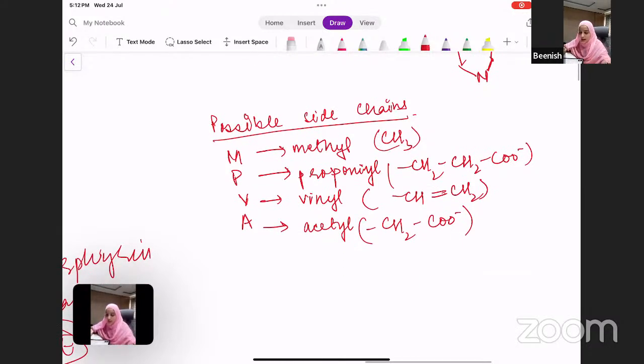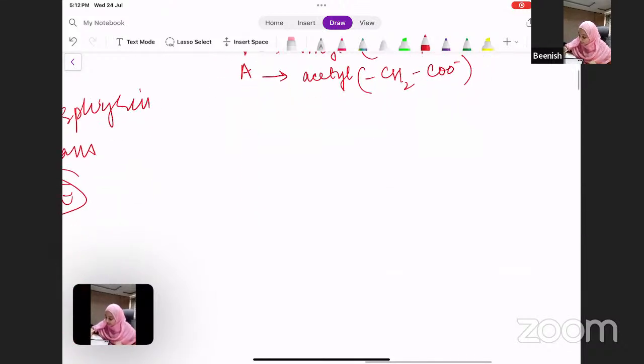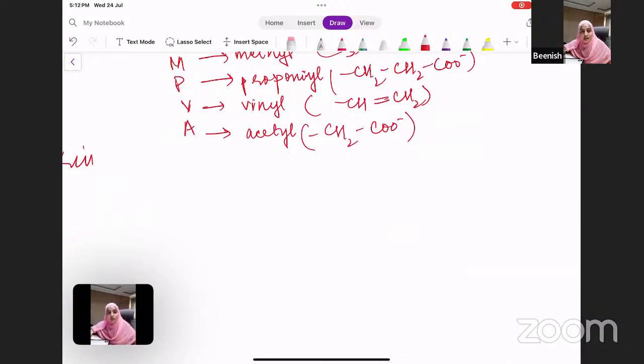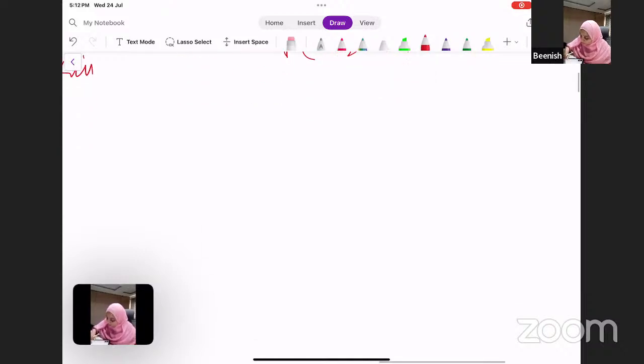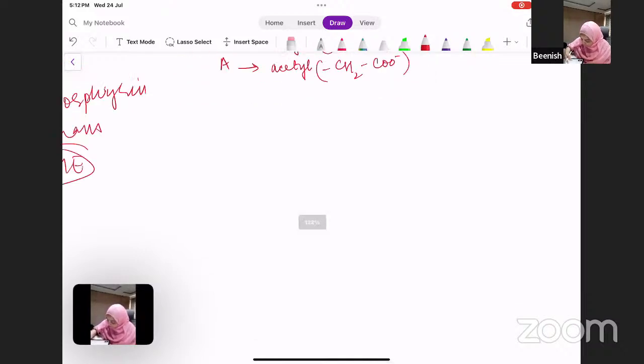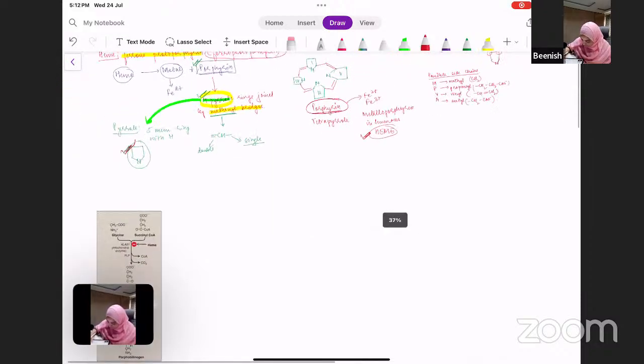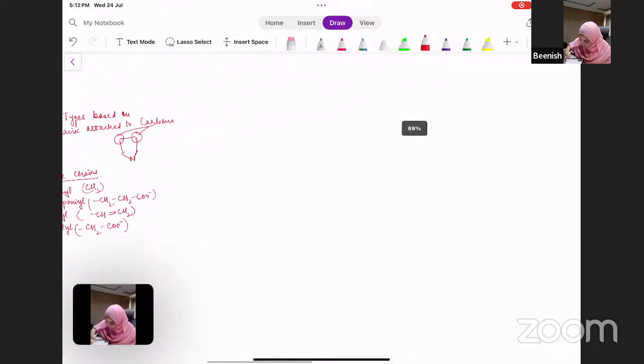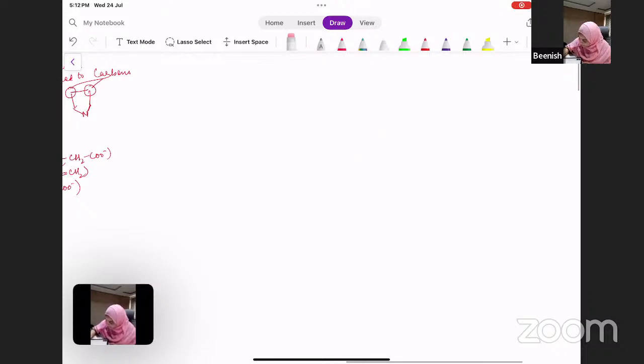Now you can have these possible side chains attached to your porphyrin ring. Let's see how. And depending upon what side chains are attached and how they are attached, you're going to end up with different types of porphyrins.